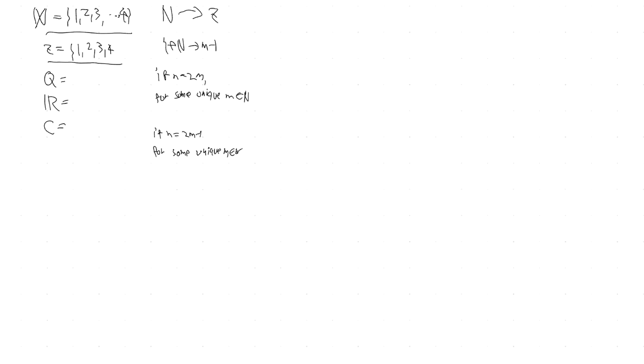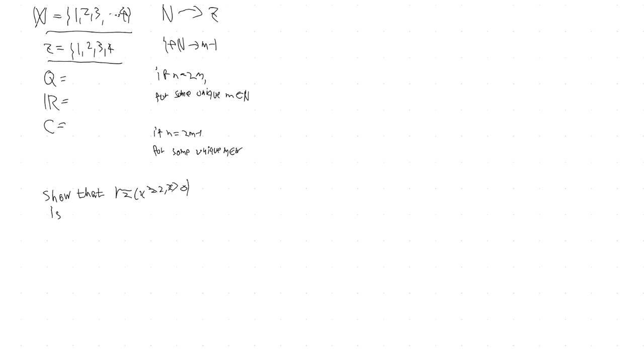And okay, already 5 minutes is past. I will go quickly. So there is a very popular proposition that we need to show, that the square root of 2, x squared equals 2, x bigger than 0, is not a rational number.